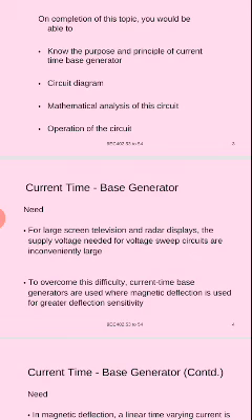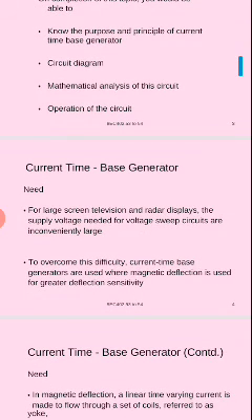The need is for large screen television and radar displays. The supply voltage needed for voltage sweep circuits is inconveniently large.